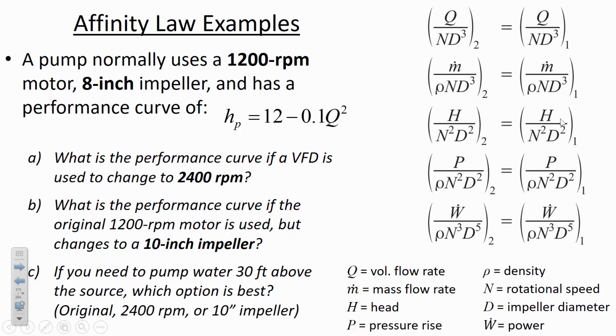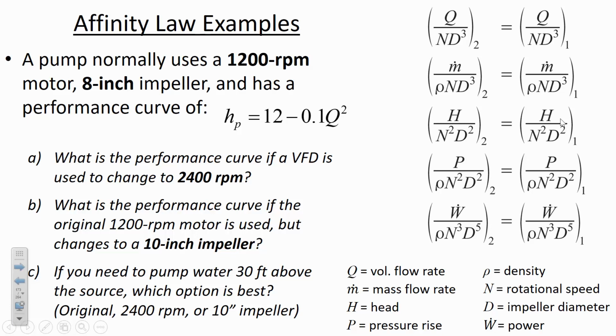So what we're going to do is put in the ratio that we're going to calculate with the actual rotational rates. So we want to have H1 in terms of N1. So H1 is N1 squared H2 divided by N2 squared.